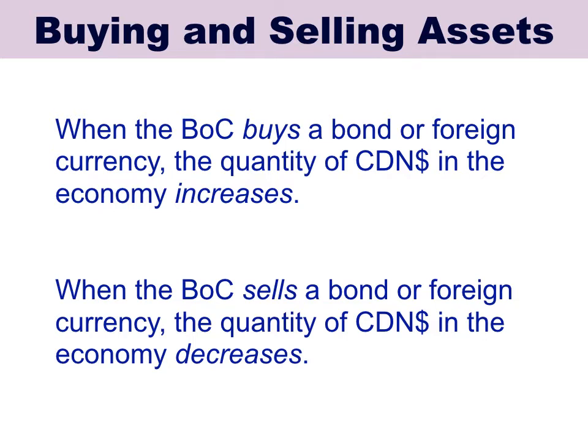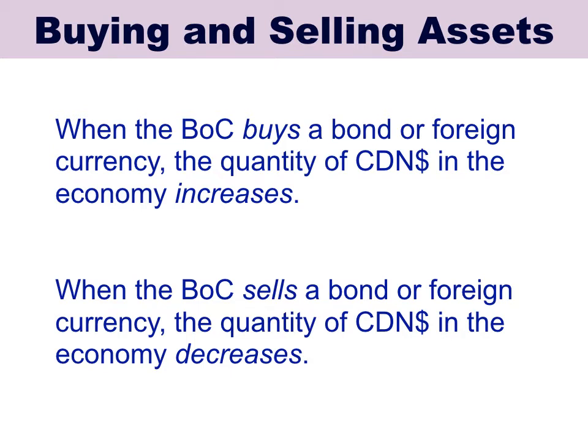So things that the Bank of Canada buys go into the reserves of the Bank of Canada. And of course, they're going to use Canadian money to buy those assets. And that money is going out into the economy. So the money supply in the economy goes up when the Bank of Canada buys something.